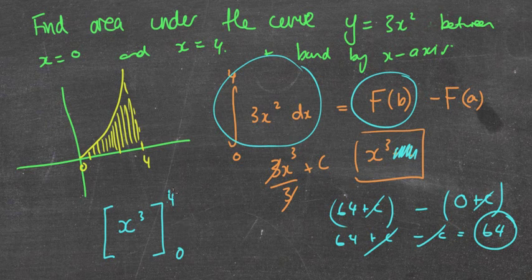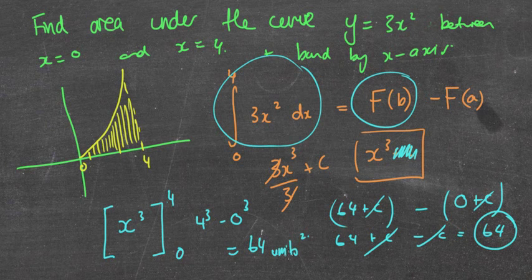It's a simple matter of doing f of b take away f of a: sub in b, so 4 cubed minus 0 cubed, which gives me the answer of 64 units squared. And that, my friends, is the fundamental theorem of calculus, to find the area underneath a curve. That is what integration is. That is where it came from.